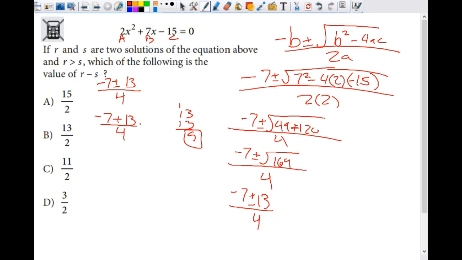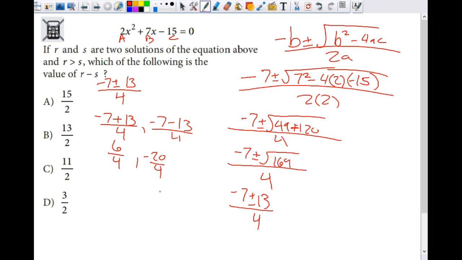Remember, because it's plus or minus, this is the plus. We need to do the minus one now. Negative 7 minus 13 over 4. So those are our two solutions. Negative 7 plus 13 is 6 over 4. Negative 7 minus 13 is negative 20 over 4. Those are our two solutions.